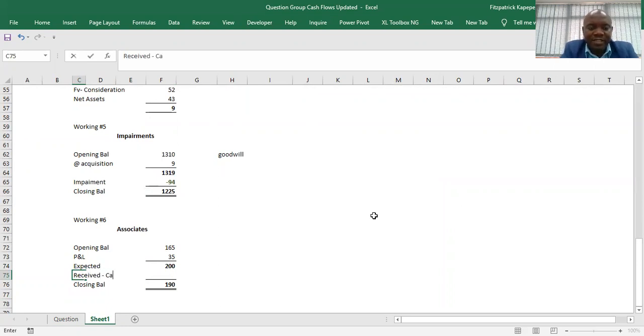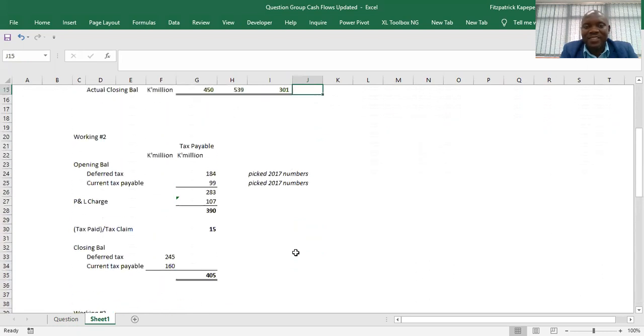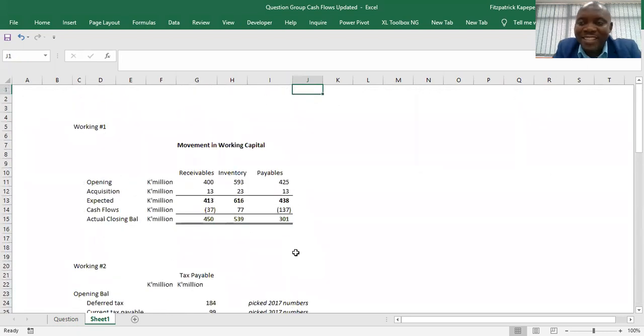This is basically cash. This is your investment. So this is what you received. If what went back into the books was 190 when it was supposed to be 200, it means that you received some cash as returns from associates, which is 10. We are done with the first part of this question, just doing the computations.